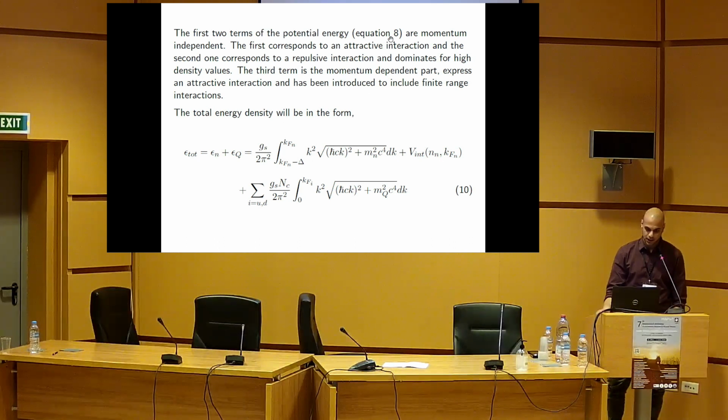The third one is the momentum-dependent part, and corresponds to an attractive interaction, and has been introduced to include the finite range forces. So in our model, the total energy density is in this form.